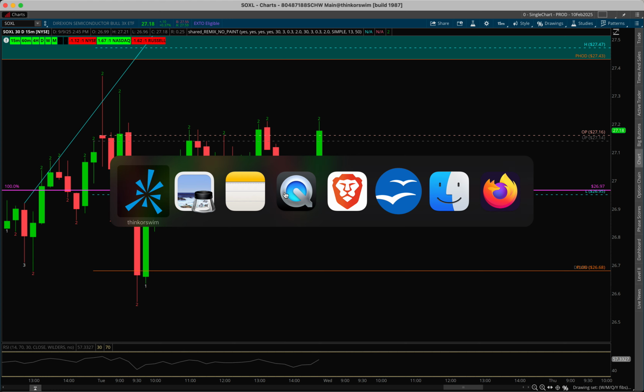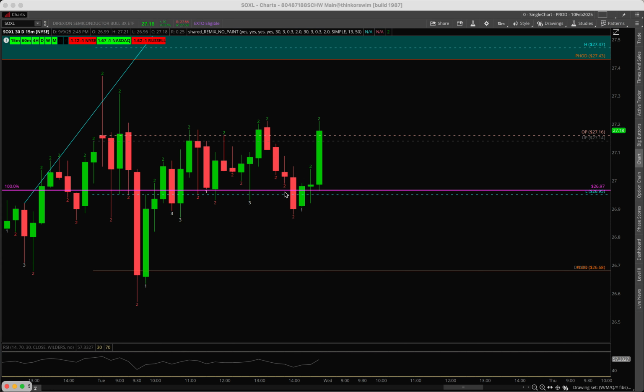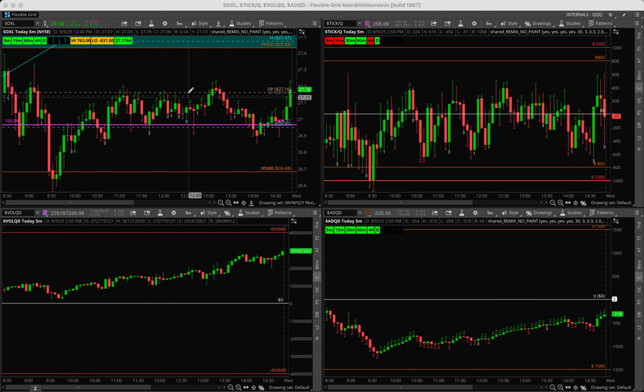If you look at the internals, just real quick, it basically tells the same story. We've got SOXL's price action up here on the left, TICK Q up here, which is basically the measure of QQQ's breadth, 80QD, which is another measure of QQQ's breadth, and then VOLQD here in the bottom left, which is basically money flow going in versus going out. So you can see from a money coming in versus going out perspective, there's money going in all day.